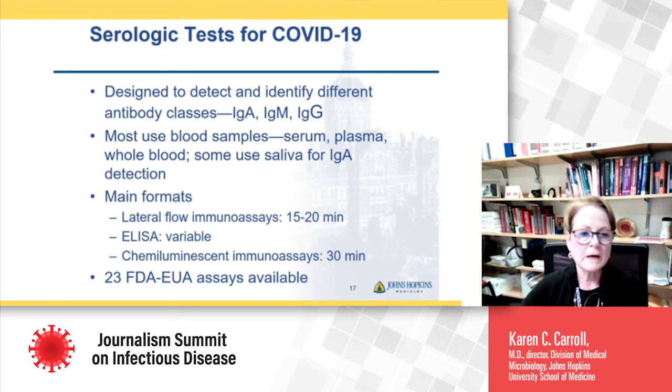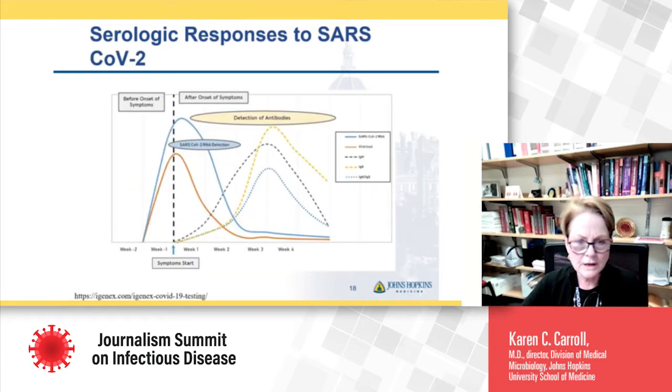The main formats are lateral flow immunoassays, like I showed you for the antigen tests, ELISAs, and these high-throughput chemiluminescent immunoassays that are performed on large robotic platforms. Currently, there are 23 FDA emergency use authorization assays that are available.